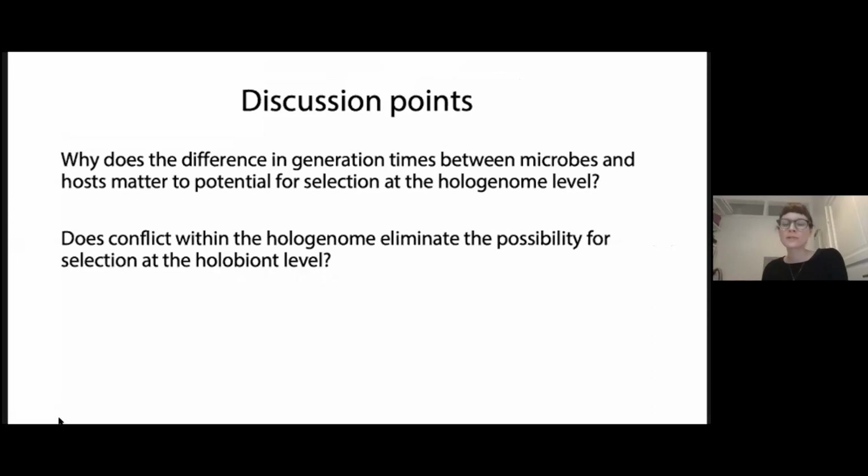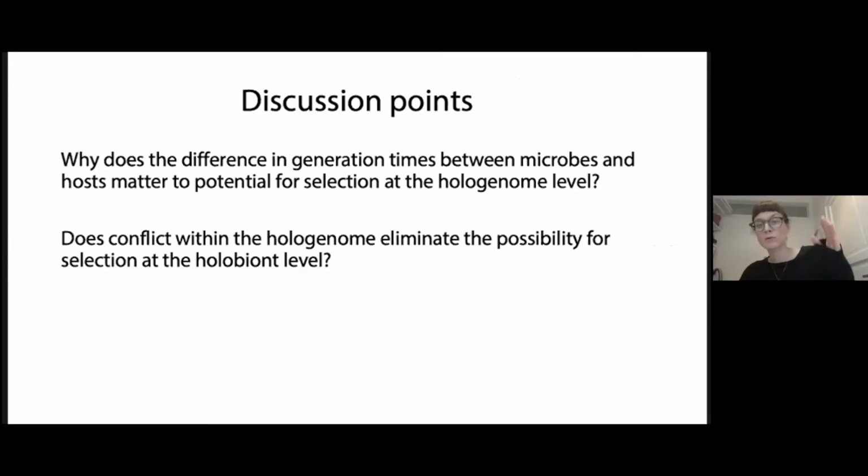So what I was thinking was, for example, if you have a competition between microbes within the gut, so that this results in a less than ideal production of some nutrient for the host.